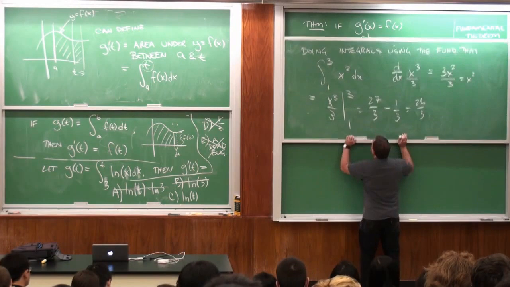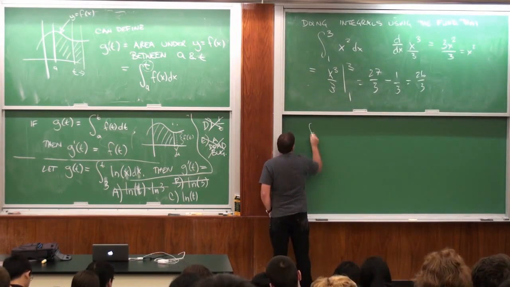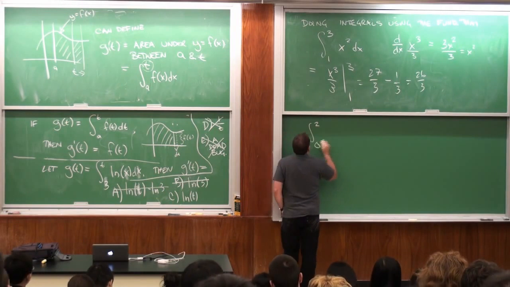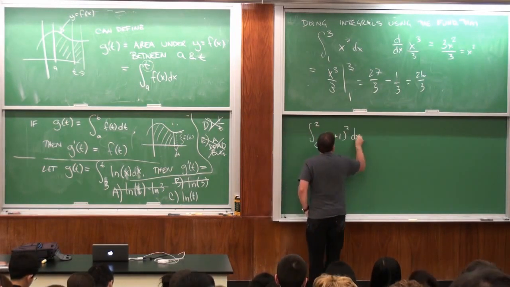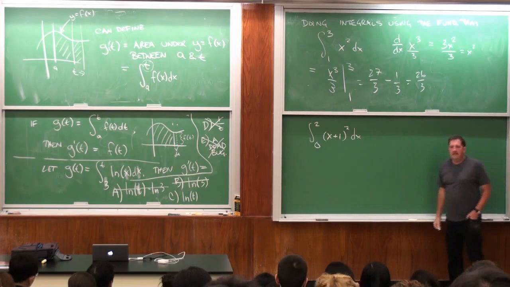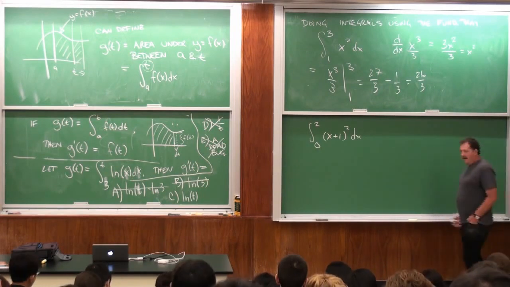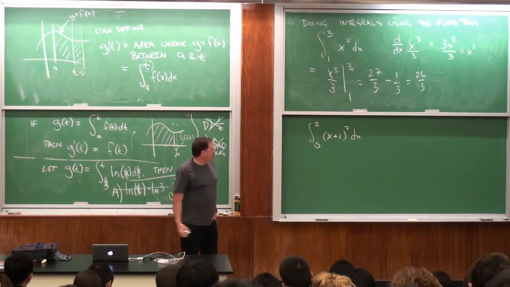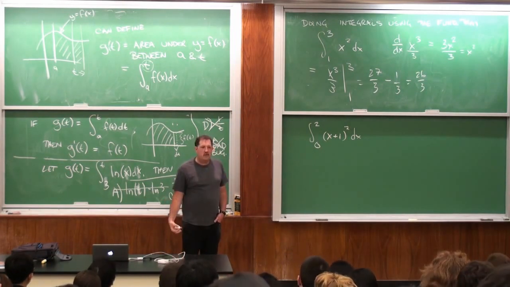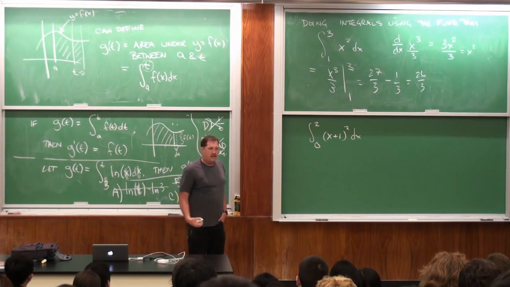Suppose, though, I had something that looks slightly different. Say I have an integral from 0 to 2 of x plus 1 squared dx. Now I don't know off the top of my head a function whose derivative is x plus 1 squared, but it looks a lot like x squared.